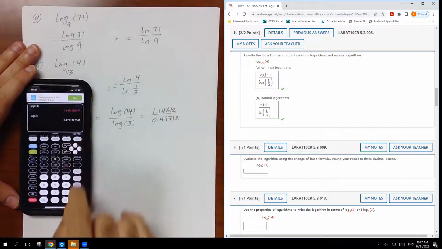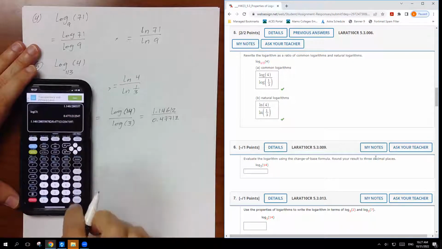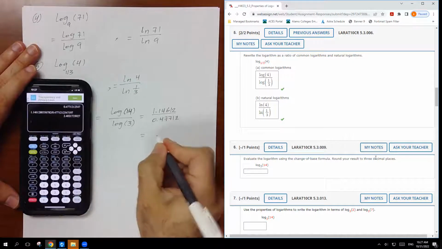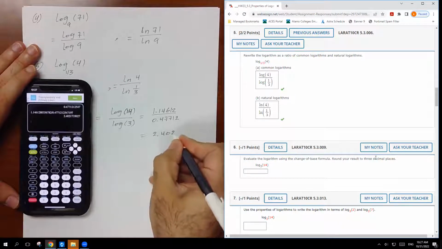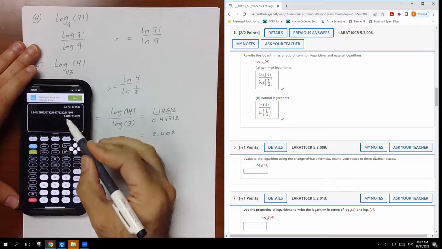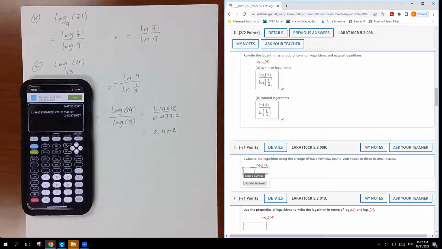Then divide this one by this one. The result is going to be 2.402. I'm going to round this one, so this is the result for this example, 2.402.